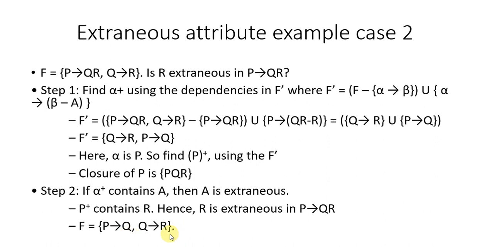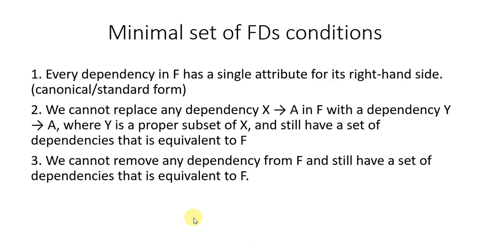We have some conditions here, and the first condition is that every dependency in F has a single attribute for its right hand side. That is, we have a set of functional dependencies and we are trying to find the minimal set, and three conditions should be satisfied. The first condition is that it should be in canonical or standard form, which is nothing but the canonical form of dependencies.